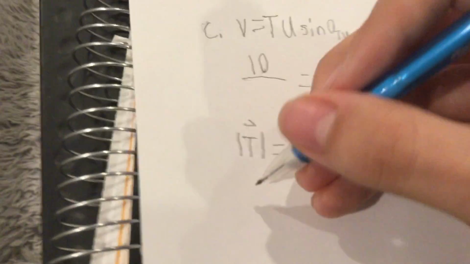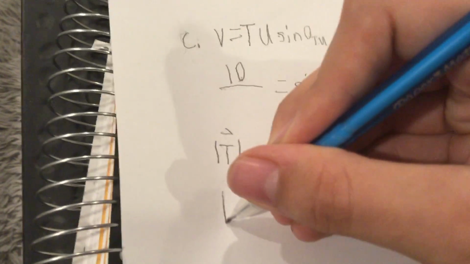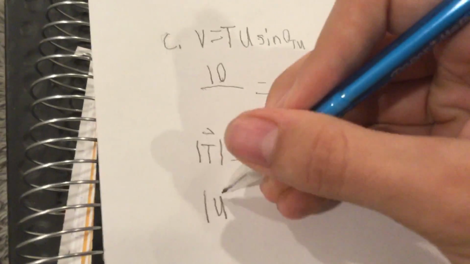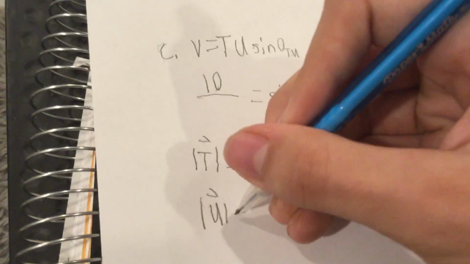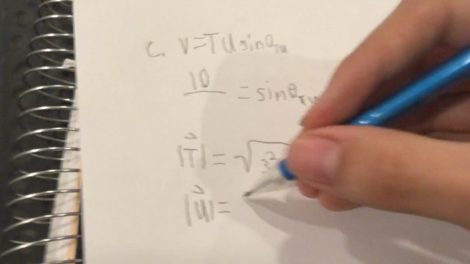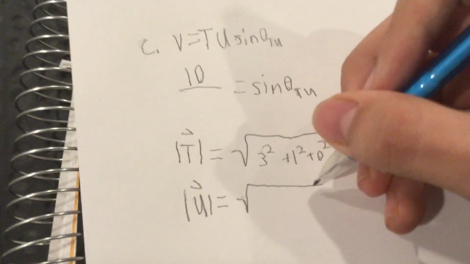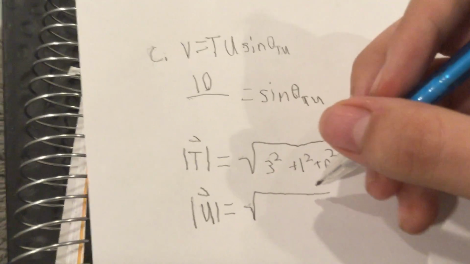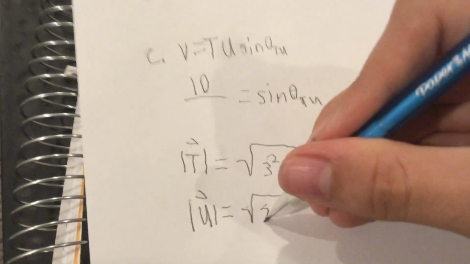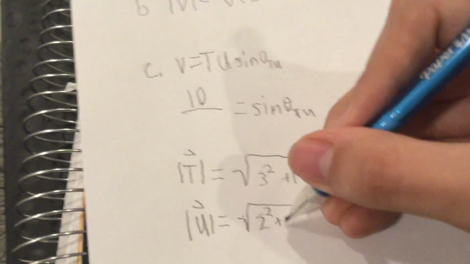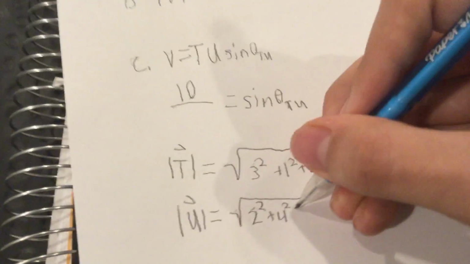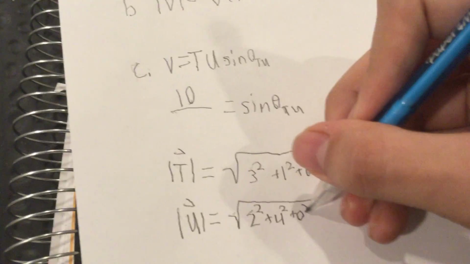Now we're going to find the magnitude of u using the components of u. So we do the square root of 2 squared plus 4 squared plus 0 squared.